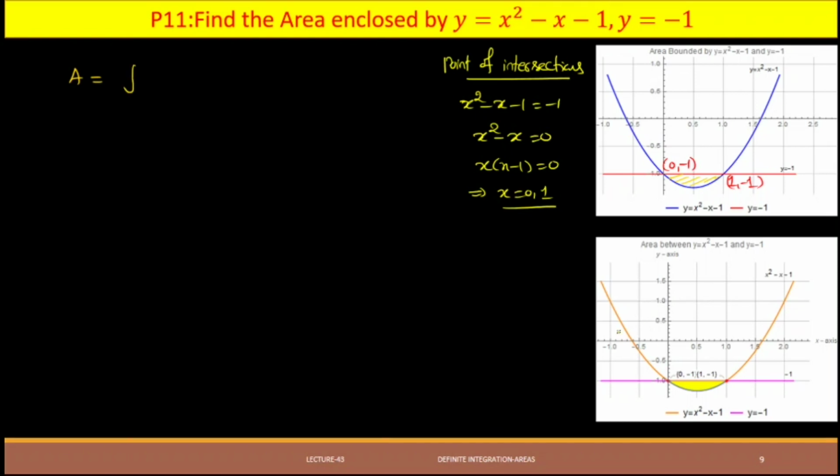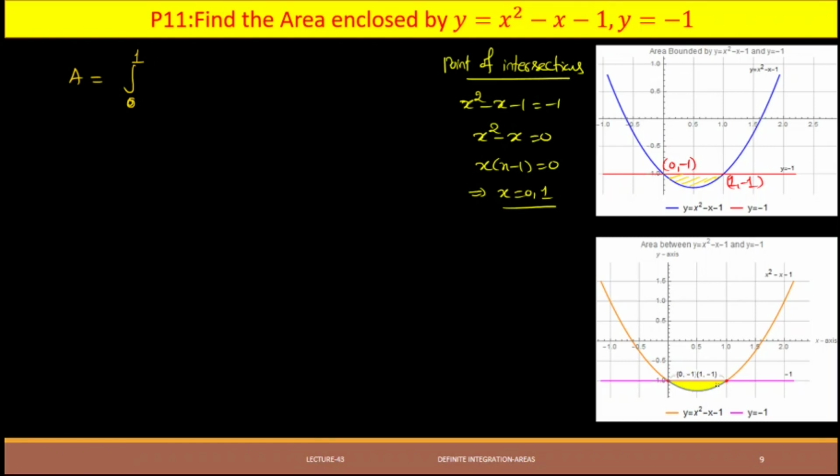Okay, so here the x limits are from 0 to 1. In this region, what is the upper curve and what is the lower curve?